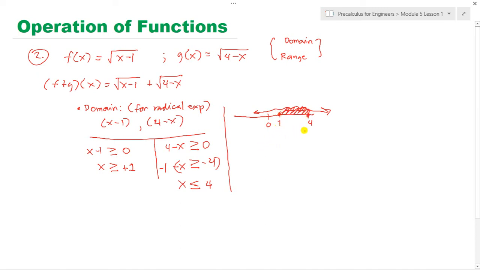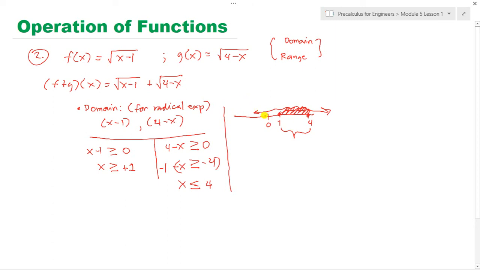But actually if you want to verify this, if you use those test intervals, you can also do that. Let's verify whether our answer is correct, which is from 1 to 4 including 1 and 4.